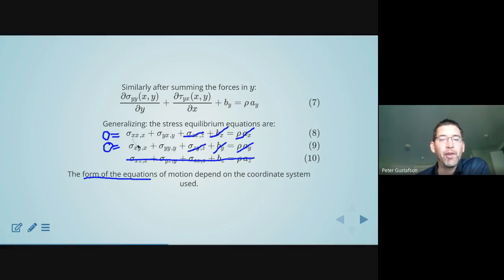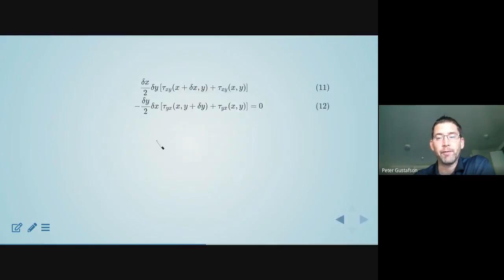So what happens as sigma xx changes? Sigma yy changes. We're getting a normal stress in the y direction due to a shear stress on the x face in the y direction, or the y face in the x direction, that is due to a changing sigma xx. So how does that manifest itself over here?